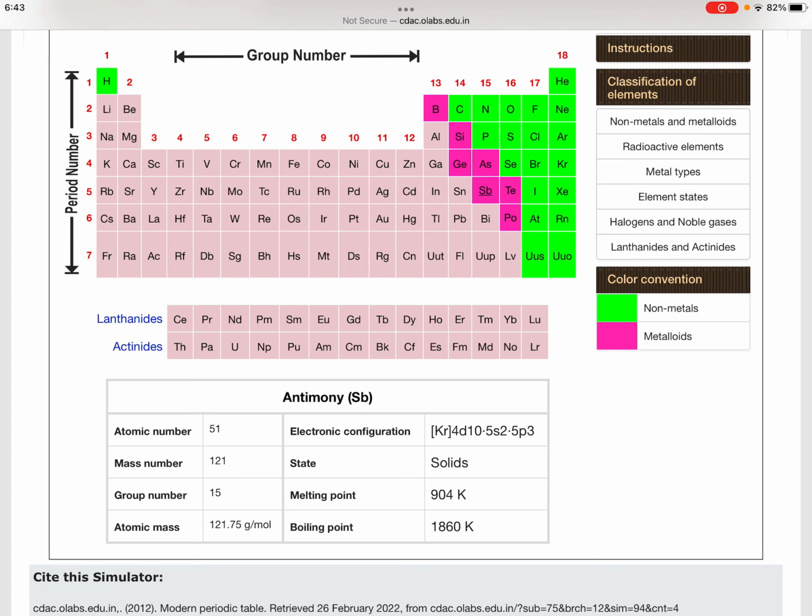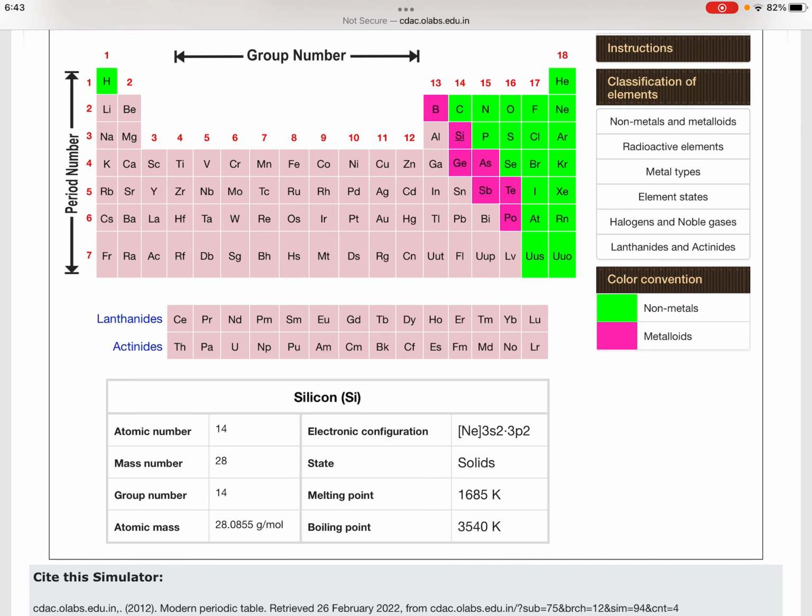For antimony, you see that it is 1860, and you will proceed clicking on each of the boxes, and then you will record what is the highest temperature that you see for the elements that are considered metalloids. So understand that the process for answering this portion is interactive because you will be clicking on the boxes and answering the questions, again, specifically on pages 6 and 7 of the lab sheet.